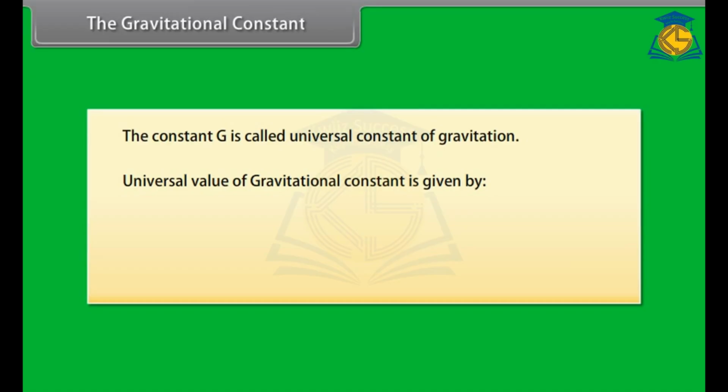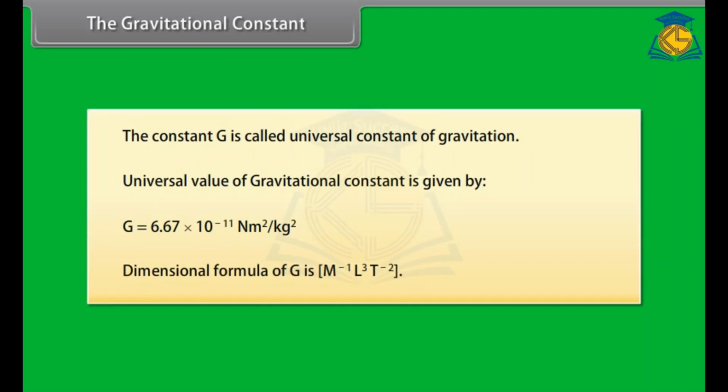The universal value of the gravitational constant is given by G is equal to 6.67 into 10 to the power minus 11 Newton meter square by kilogram square. The dimensional formula of G is M to the power minus 1 L cube T to the power minus 2.